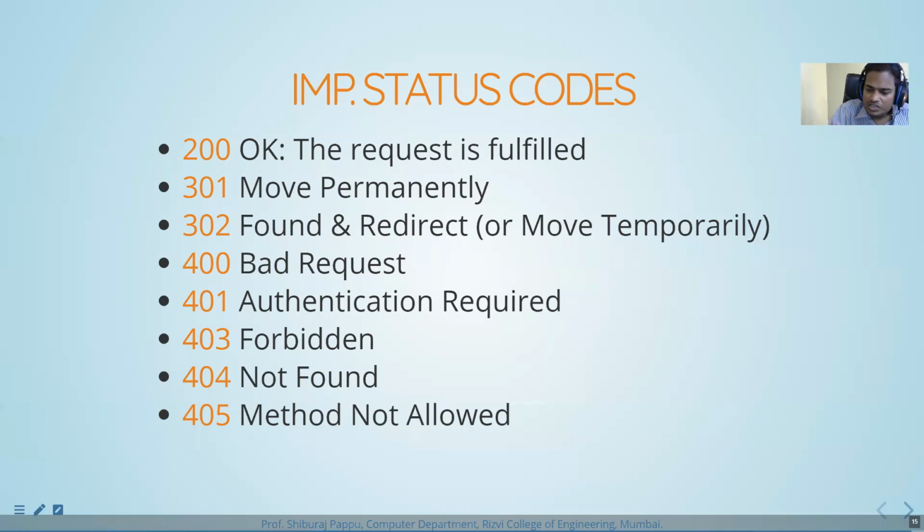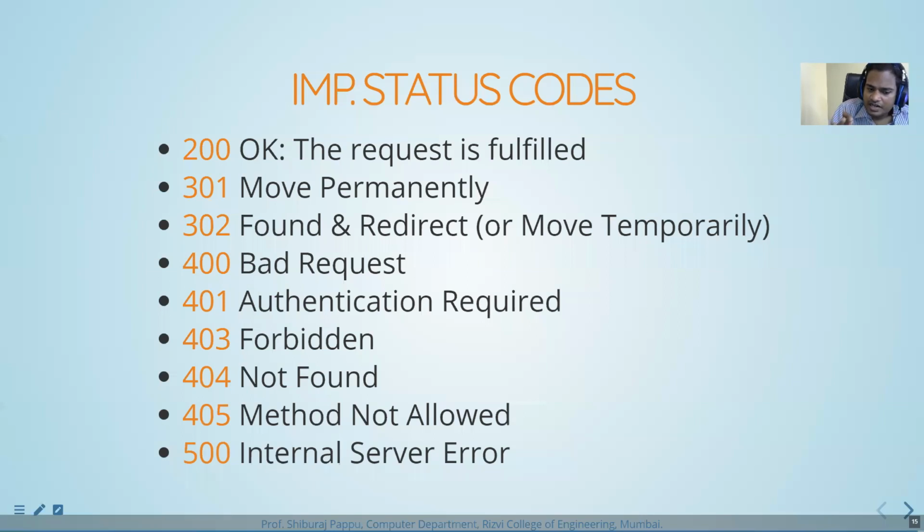So this is very important. If the server says this file can be accessed only using the get method, then the client has to follow it. If the server says post, then you have to follow post.